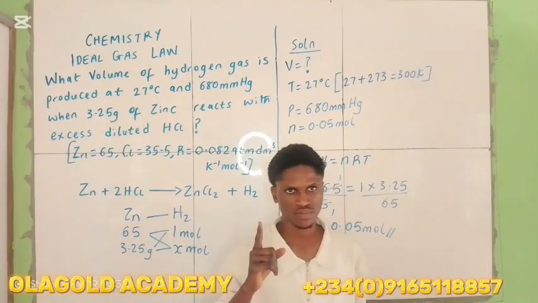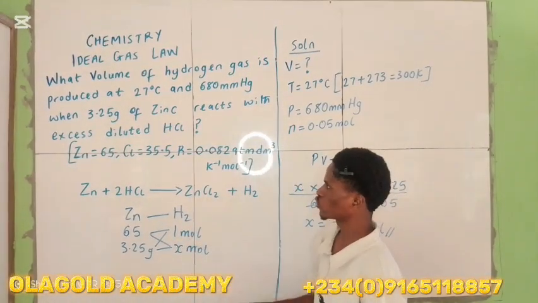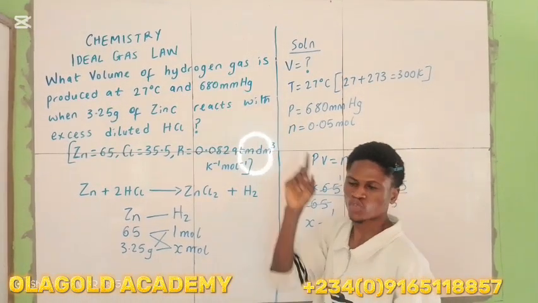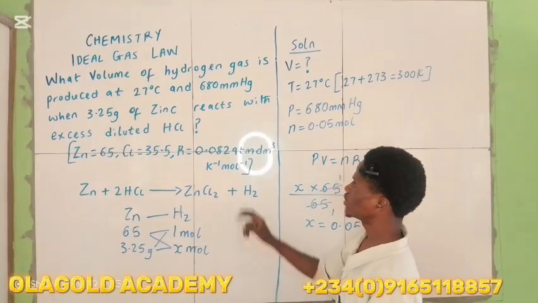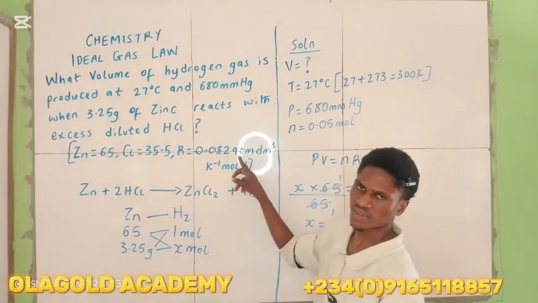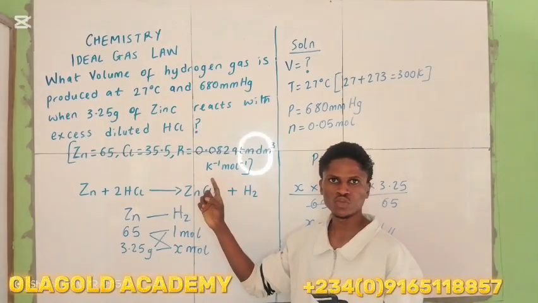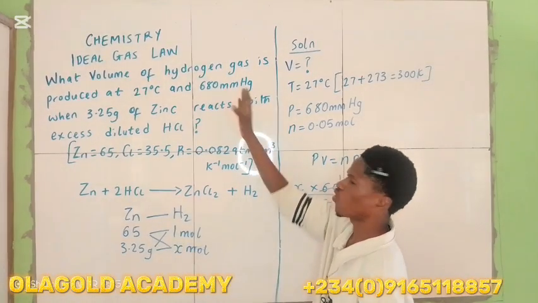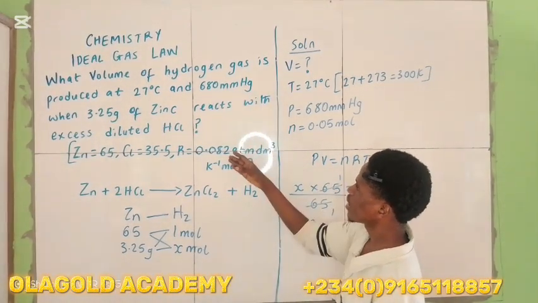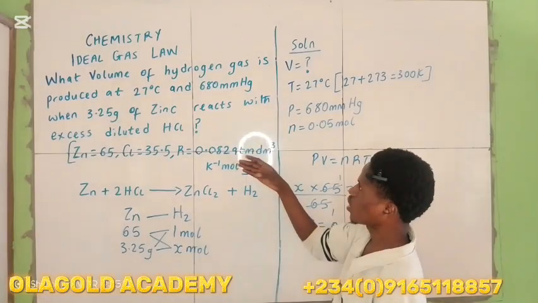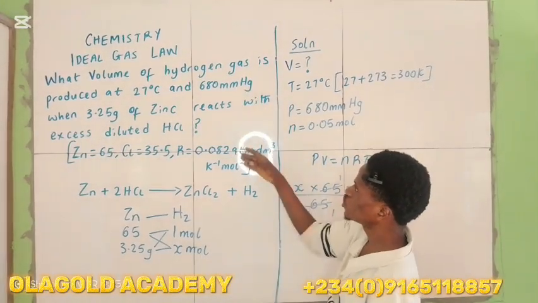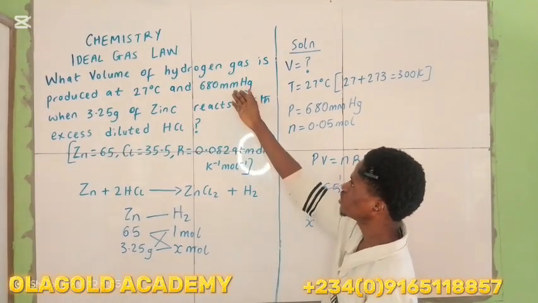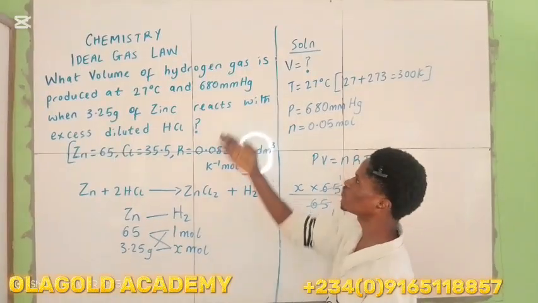But let's not forget something. Notice that in the question, we are given our pressure in millimeter mercury, but we are given our molar gas constant in atmosphere. Like I said earlier in part 1 of this video, if we have different units for pressure, we need to convert. In the previous videos, we had the same pressure unit, but in this question we have different units.